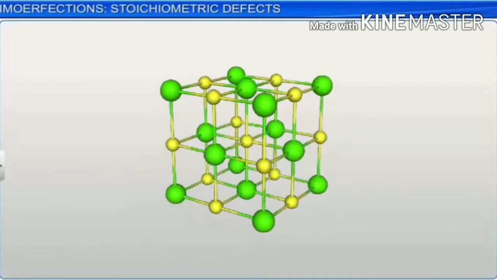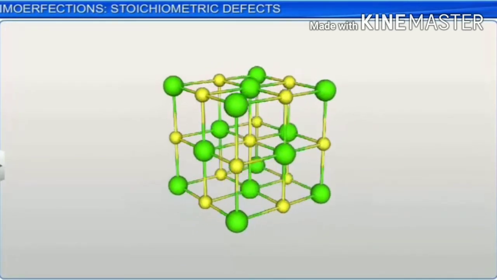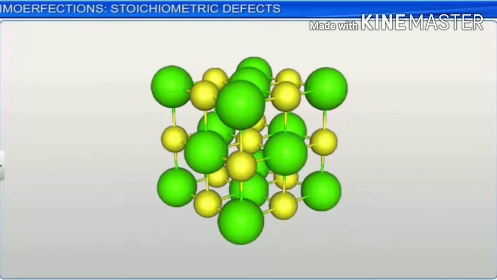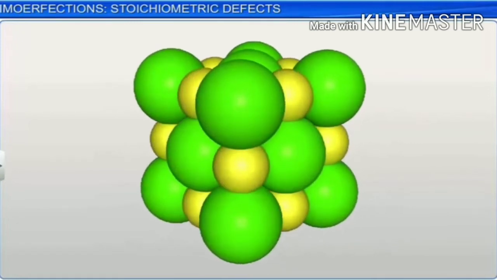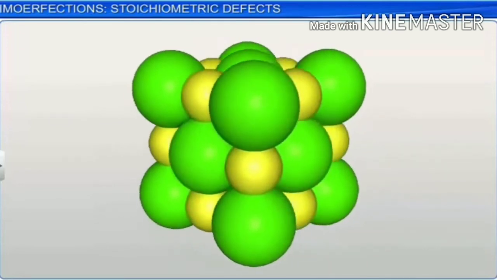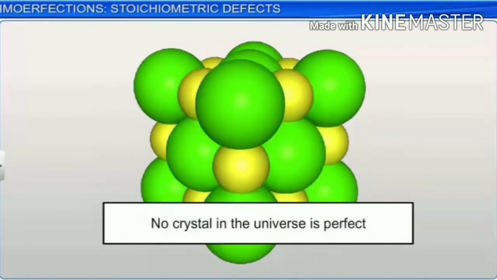If the constituent particles, such as atoms, ions, or molecules, in a solid crystal are arranged in a regular fashion, then the crystal is said to be an ideal or perfect crystal. However, no crystal in the universe is perfect.